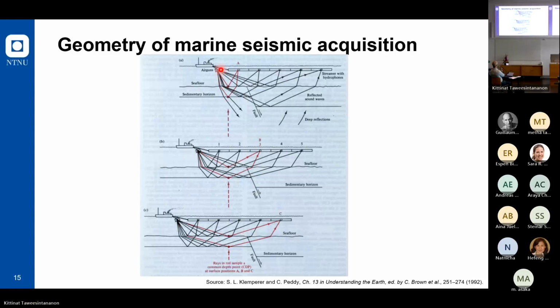The shot record we call a common shot gather, because when we display, we normally display all the receivers from the same shot. But sometimes we can sort the data into a common midpoint gather or common depth point gather. For example, we select only the red receiver data to show on the screen, and we call it a common midpoint gather, or CMP gather.